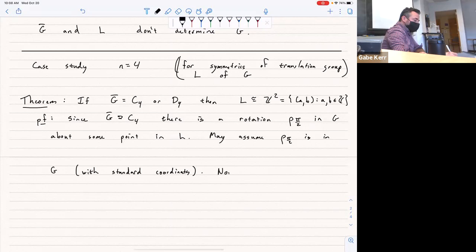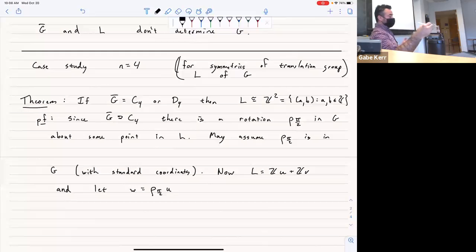So now L is equal to, by what we've proven, ZU plus ZV for some vectors. But in particular, we can take U to be some vector, and take W to be rho pi over 2 of U. In other words, we can rotate U by pi over 2.